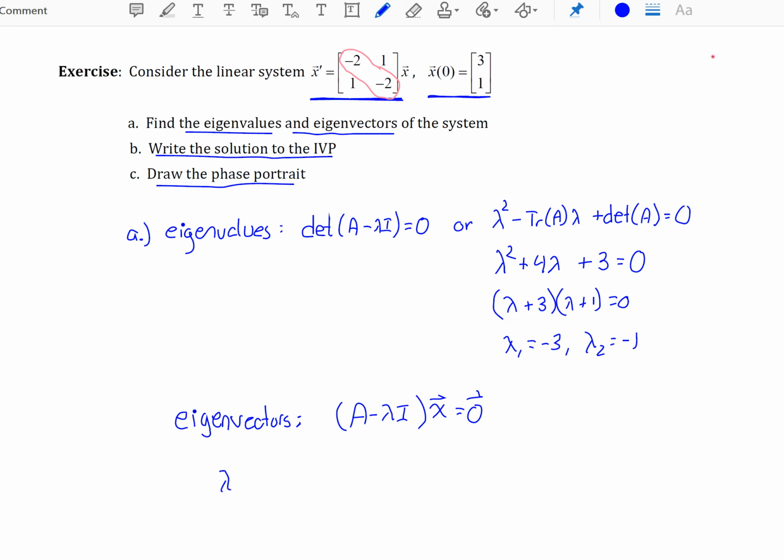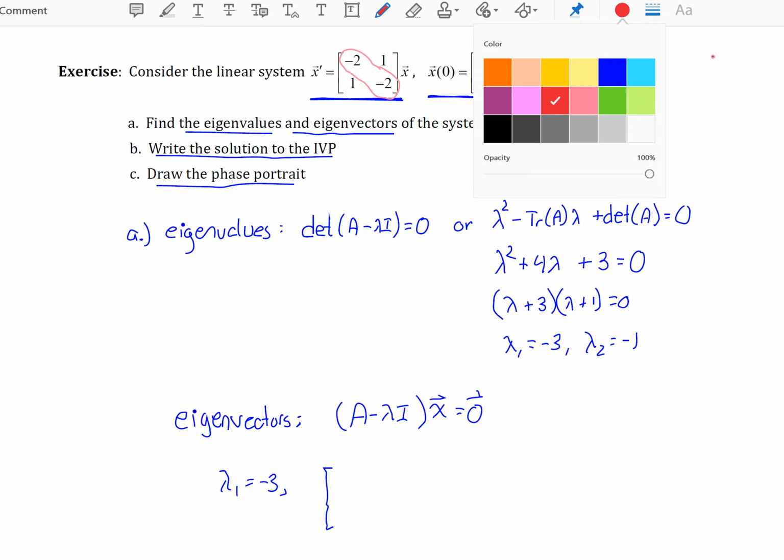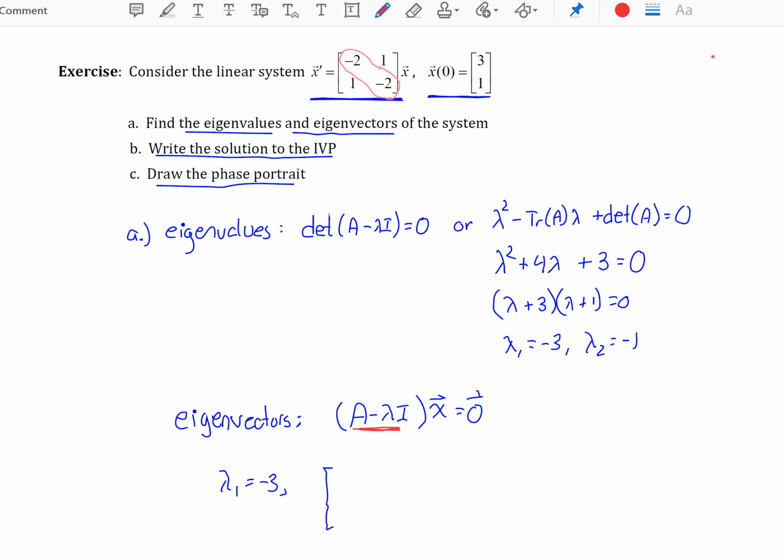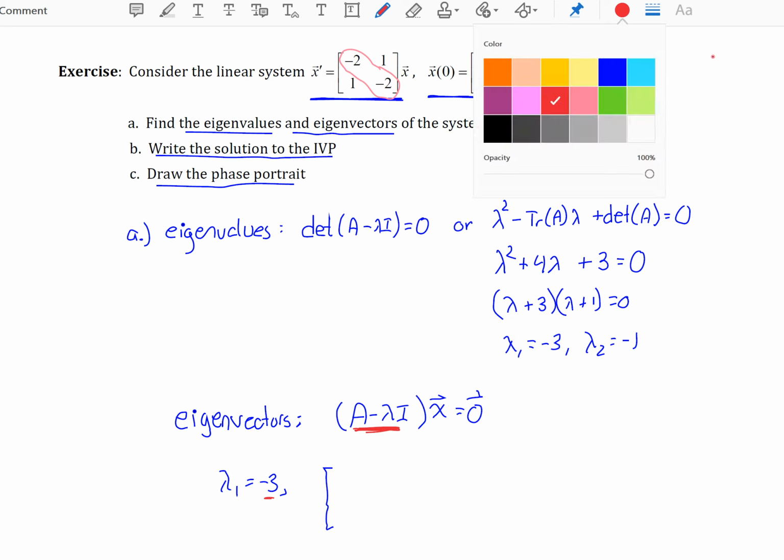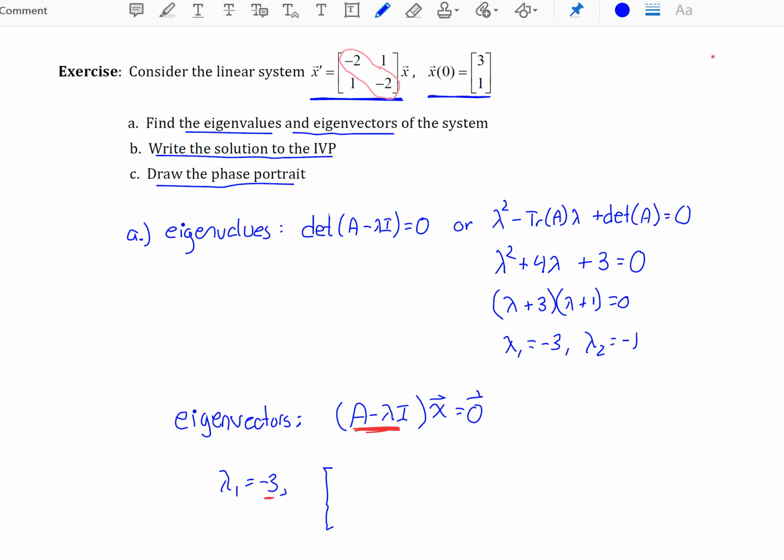For our first eigenvalue, lambda 1 equals -3, our matrix, now remember, we're subtracting lambda off the main diagonal, but here lambda is negative, so we're subtracting a negative number. We're going to be adding it to get the matrix 1, 1, 1, 1 times some non-zero vector will give us the 0 vector.